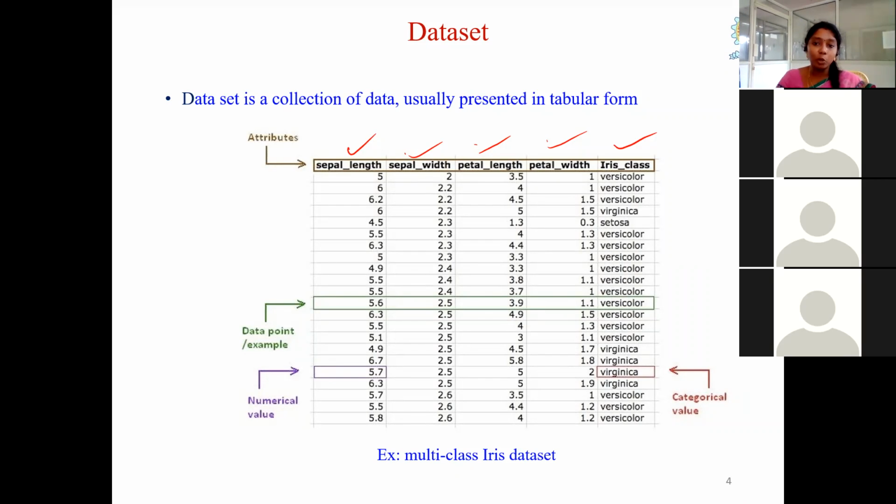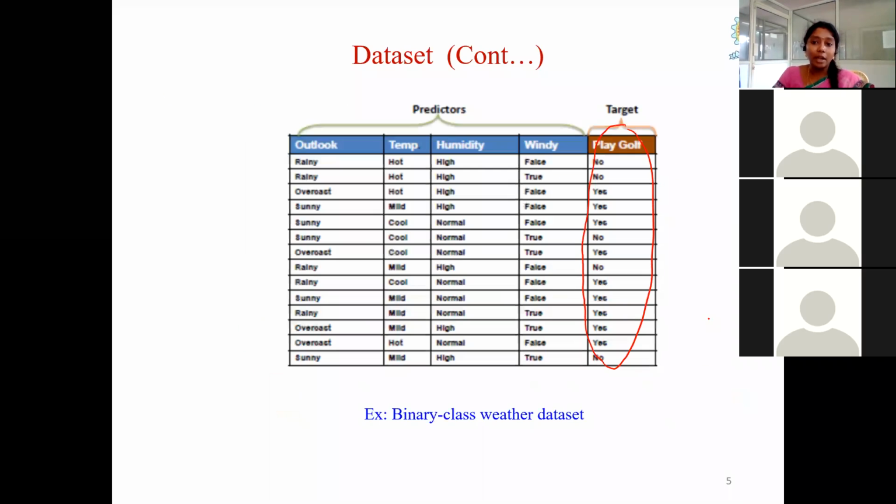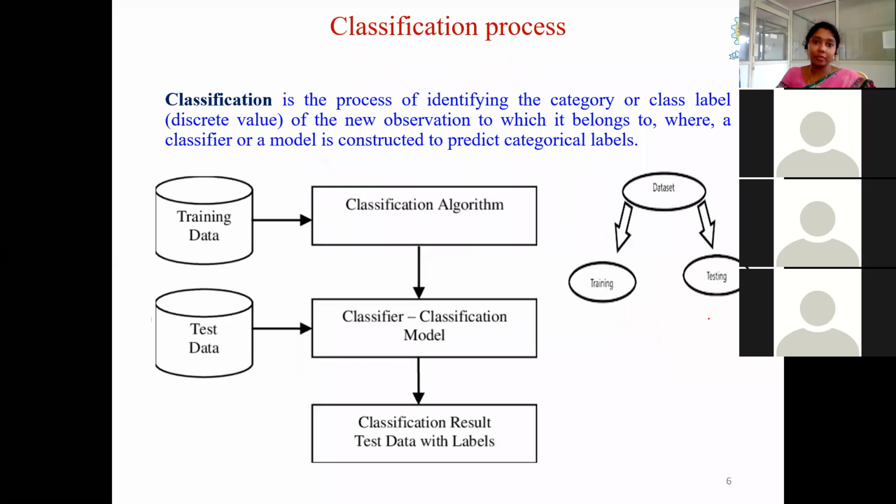If the data set consists of more than two classes, then that data set is referred to as a multi-class data set. And if it consists of only two classes, here the classes are yes and no, then it is referred to as binary class.